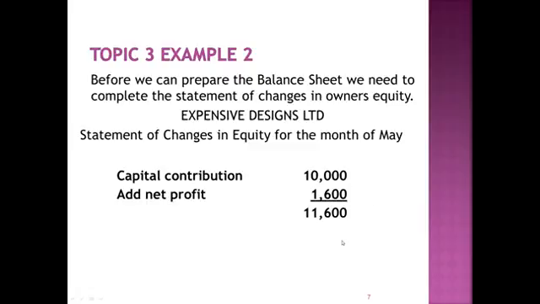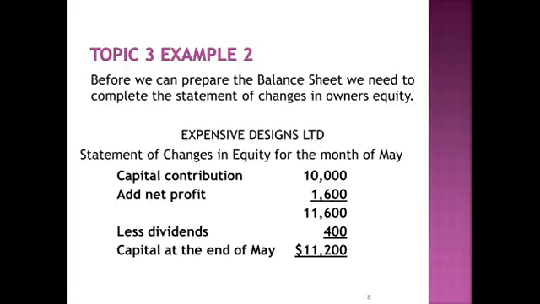We can add those two together and subtotal it, so $11,600. Less the dividend that they paid. Remember I said in the previous part that dividend is a return of capital, so it's part of owner's equity, but it's a reduction in owner's equity. So less the dividends of $400 gives us capital at the end of May, $11,200.